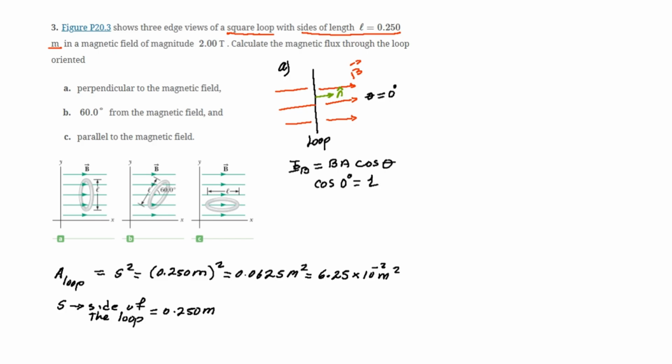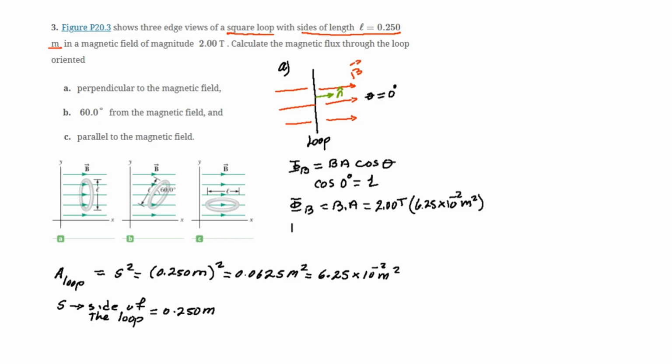So the magnetic flux through the loop will be BA. So it will be the 2.00 Tesla times the 6.25 times 10 to the negative 2 meters squared.